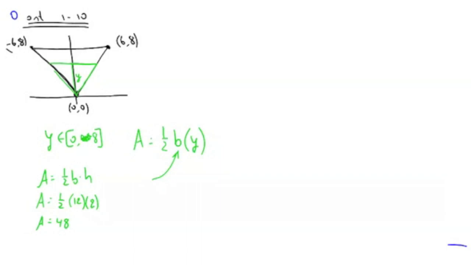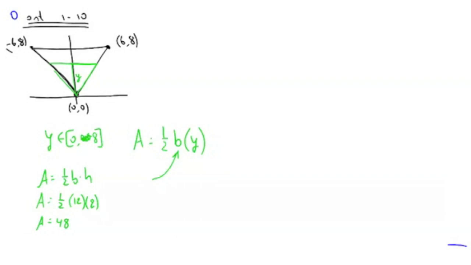Alright, so how am I going to find the base of this green triangle according to its height y? Any suggestions? You can use the slope. I can come up with the equation of a line. This line right here. If I know the equation of this line, each one of the points is an x and a y.